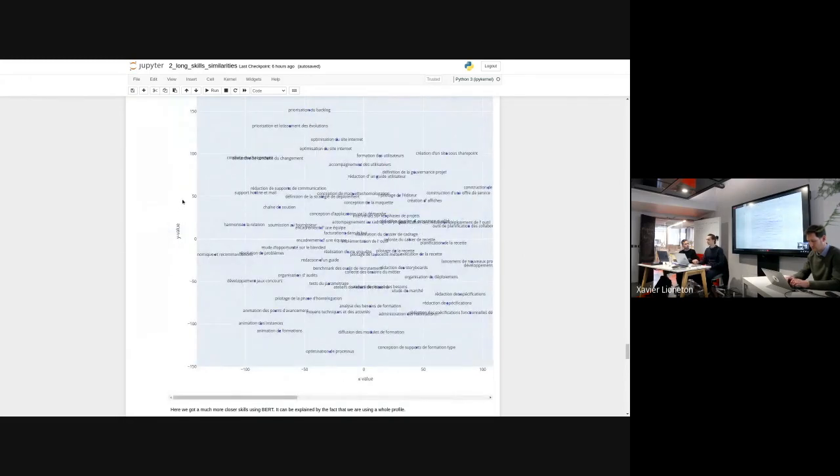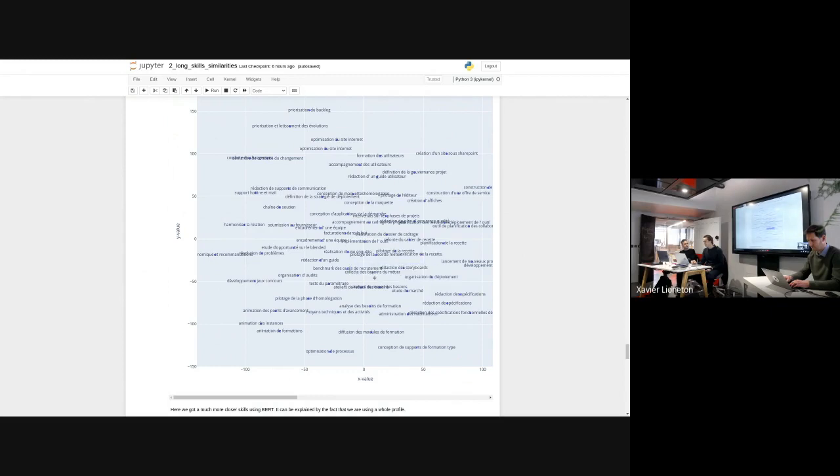This is a t-SNE visualization. It means that we take the embeddings of all of the skills, which are vectors of very high dimension, maybe 200 or something like that, and we try to plot them in 2 dimensions such that the vectors that are next to each other would be next to each other in the 2D visualization.